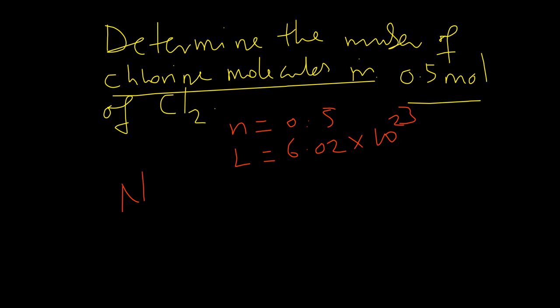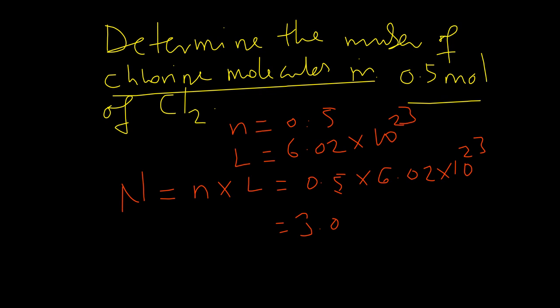It is always equal to the number of moles multiplied by the Avogadro's number, which is L, which will give us 0.5 moles times 6.02 times 10 exponent 23. When you do the math, you're going to get 3.01 times 10 exponent 23 particles.